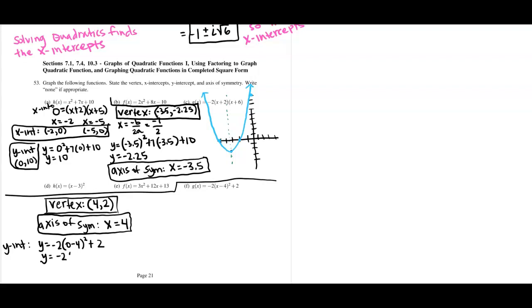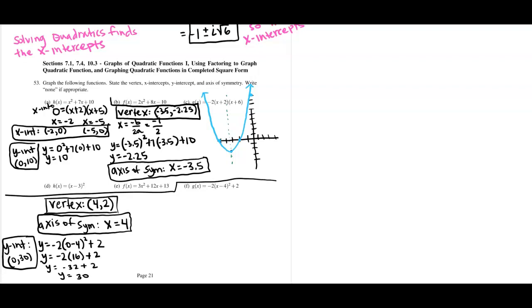So I have negative 2 times 16. And then I have plus 2 there. So y equals negative 32 plus 2. So y equals 30. All right, so as an ordered pair, that's 0, 30.